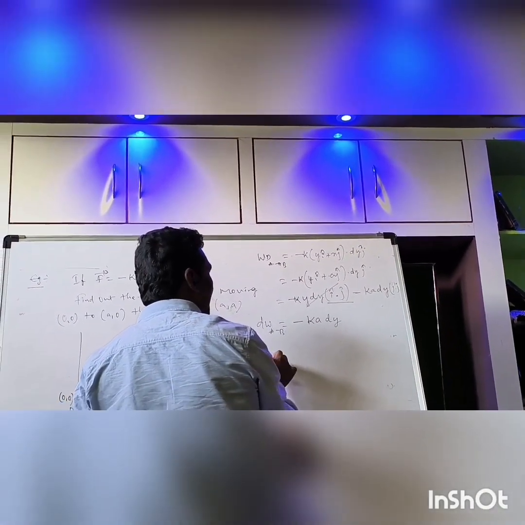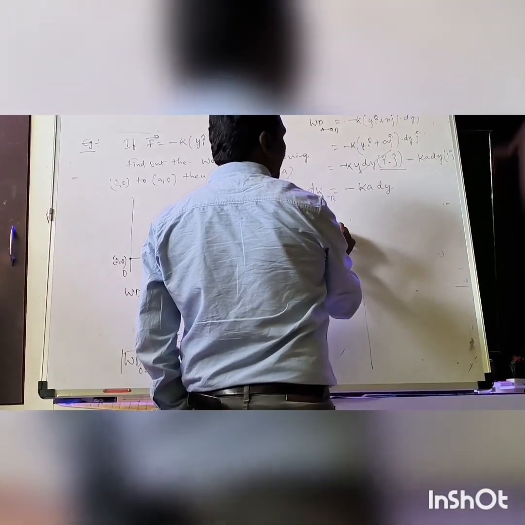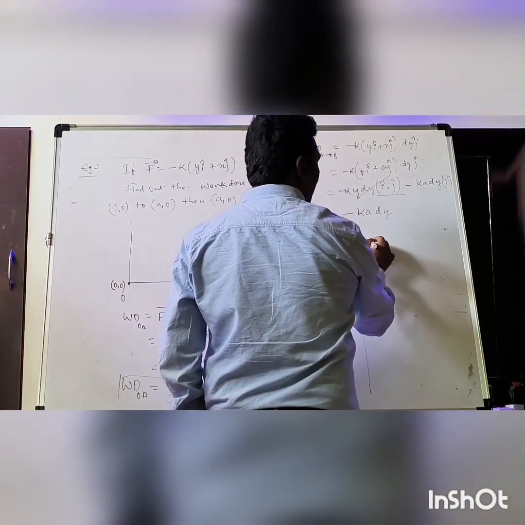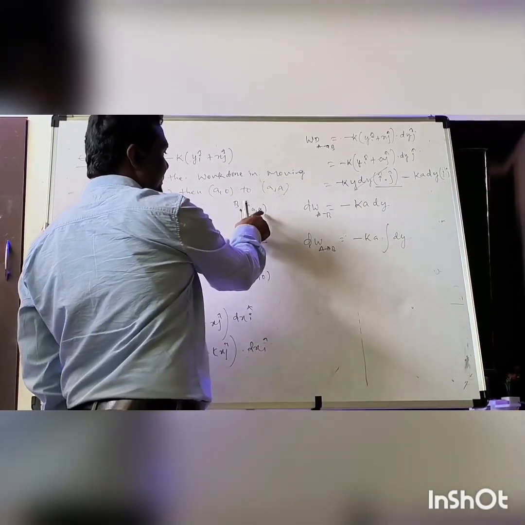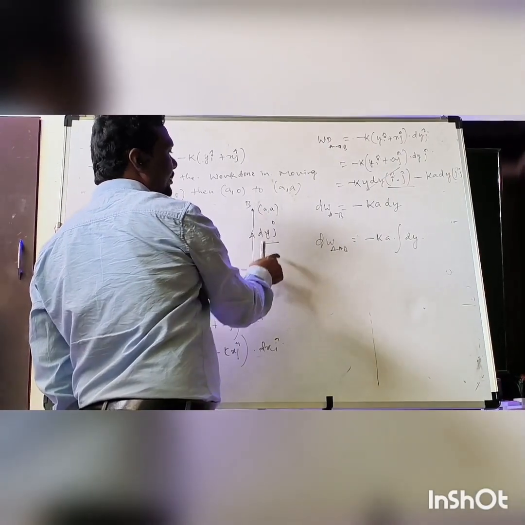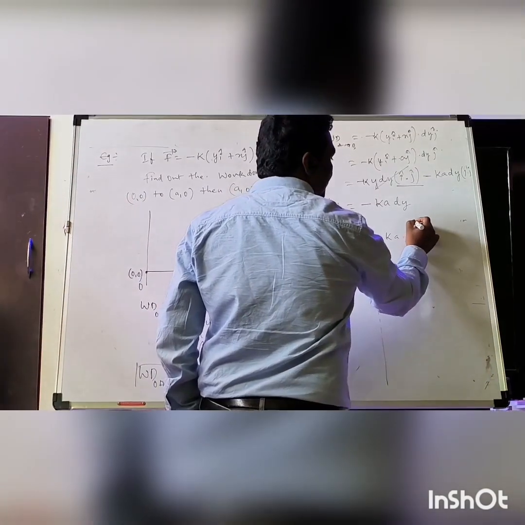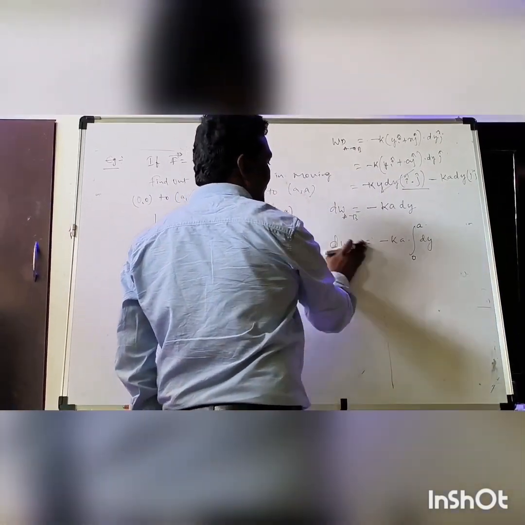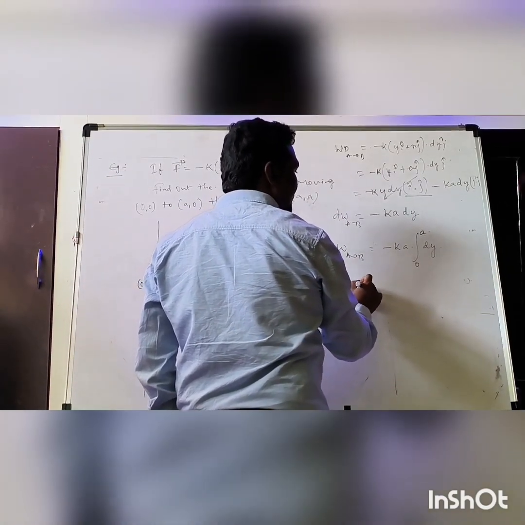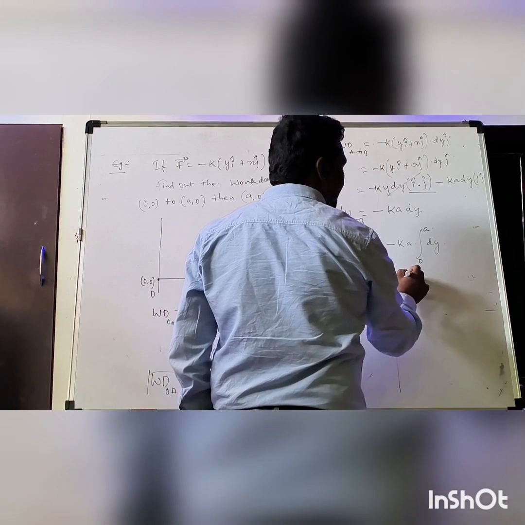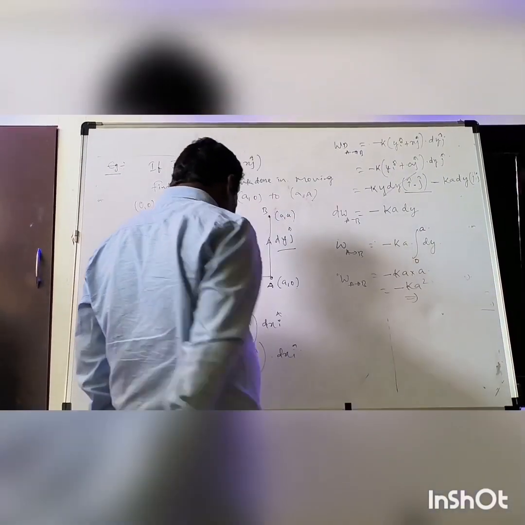Now integrate. dW from A to B is equal to minus k a times the integration of dy, and the coordinates are changing from 0 to A. Therefore the work done from A to B is minus k into a, which is minus k a square.